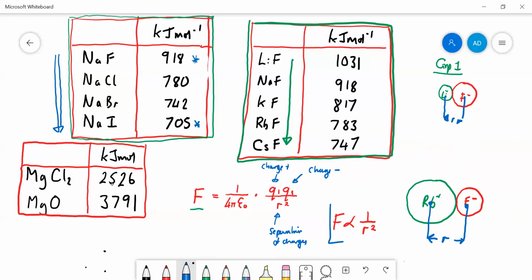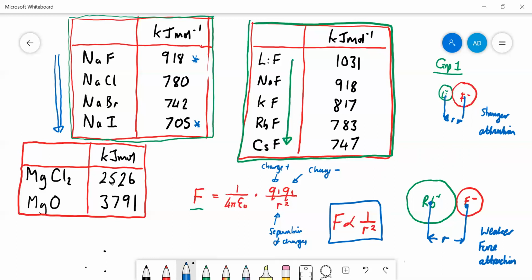So if R is smaller, R squared is smaller, so the force of attraction is going to be bigger in lithium fluoride. That's a stronger force of attraction than in rubidium fluoride, which is weaker, so you're going to require less energy to separate the rubidium fluoride lattice than the lithium fluoride lattice.